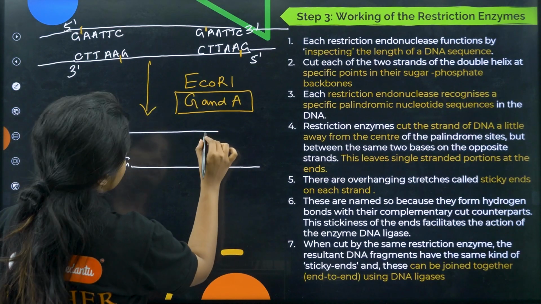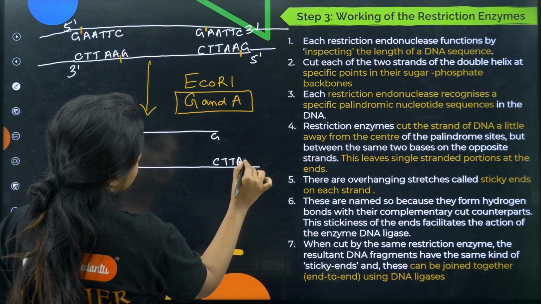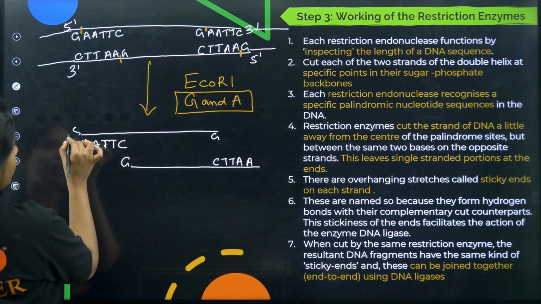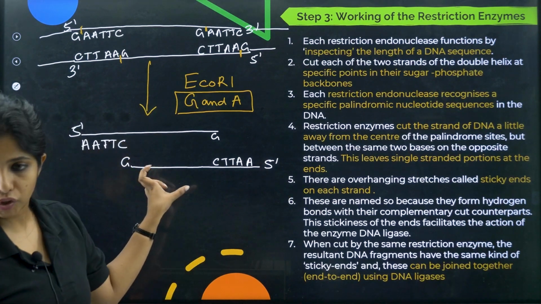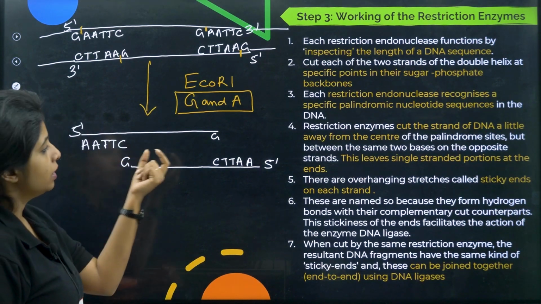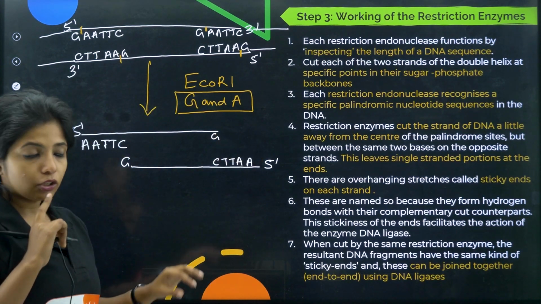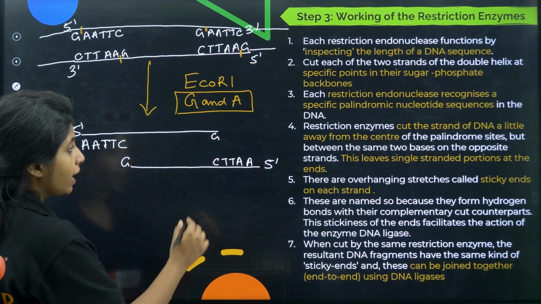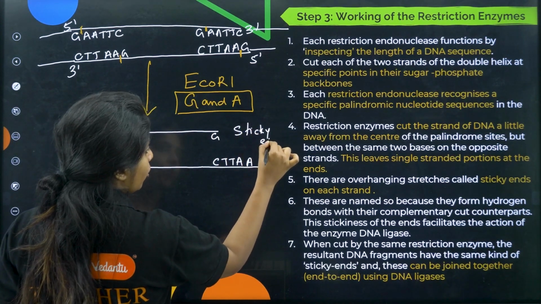Here again I have G, and then C, T, T, A, A. This is the 5' end, this is also the 5' end. I took my gene of interest and I see that these ends do not have complementary base pairs over here. Similarly here also I do not have complementary base pairs. That's a problem. So these can stick to anything that turns out to be complementary to them. So I call these sticky ends.